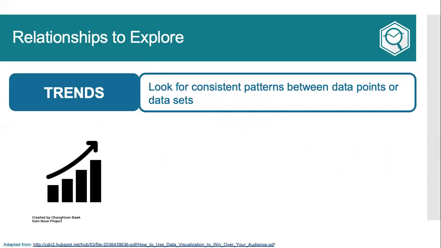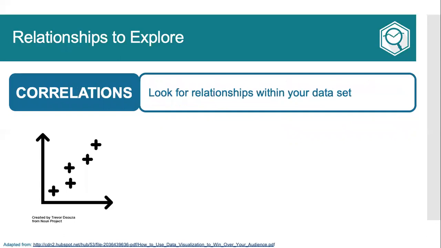So some relationships that you may look to explore include consistent patterns between data points, so patterns that always seem to exist or always seem to be there. Correlations, so interesting relationships that exist within your data.